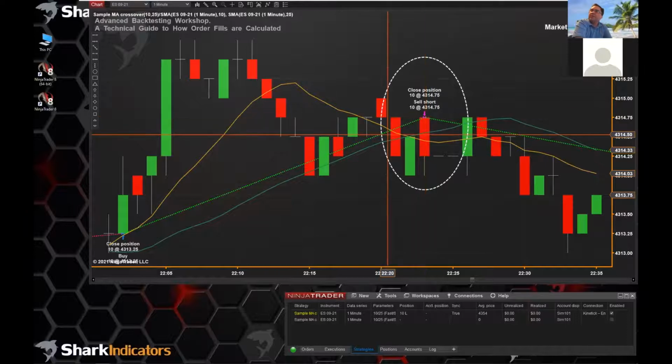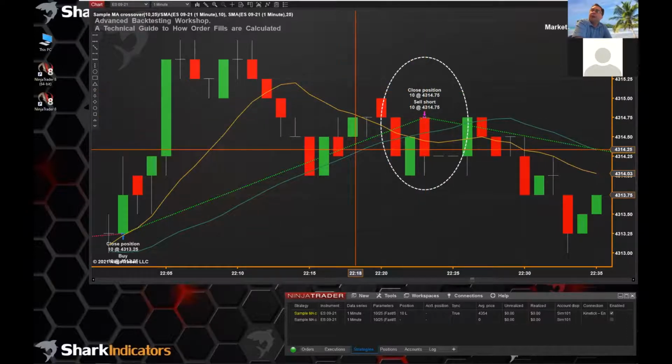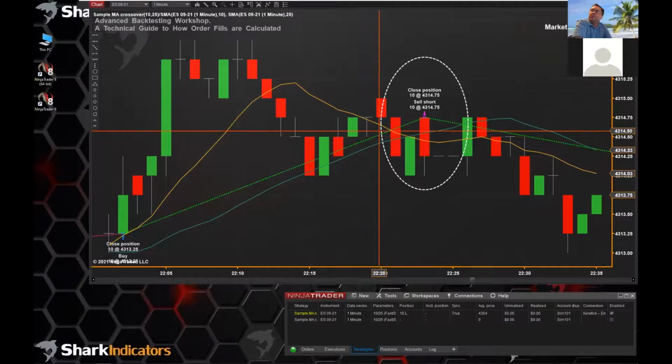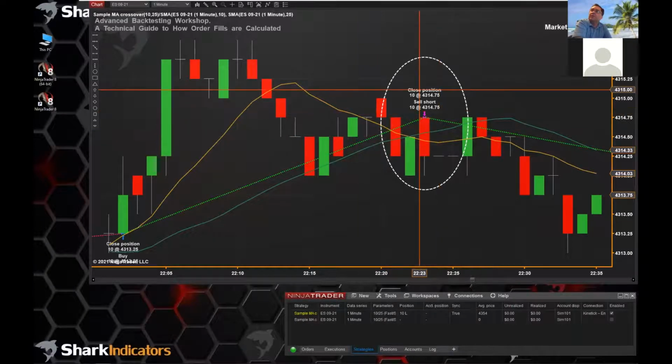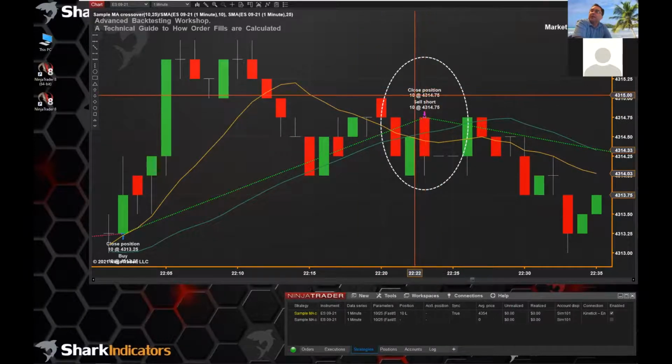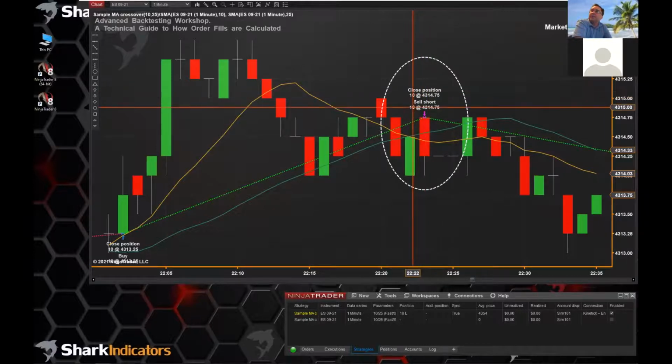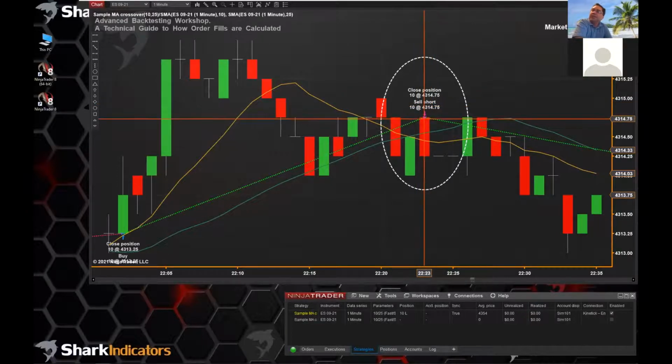So to reverse the position, to reverse the buy or the long position into a short, it has to close the long position. So 10 contracts to close it. And then it has to sell short 10 contracts to then go short 10 contracts. And you can see that both the exit and the entry all take place at the open of the bar, right? At the open of the bar there.